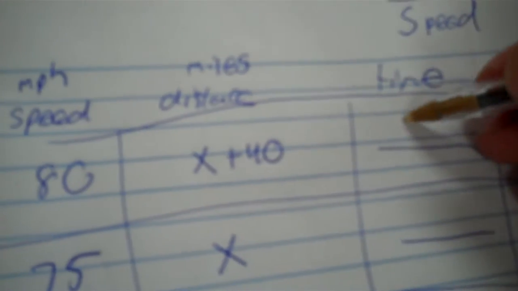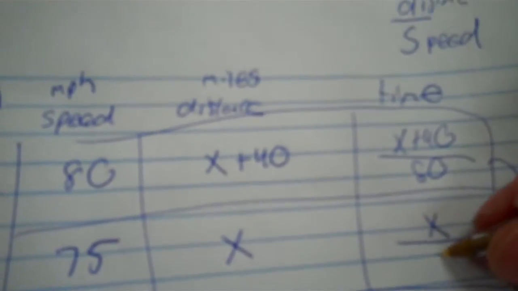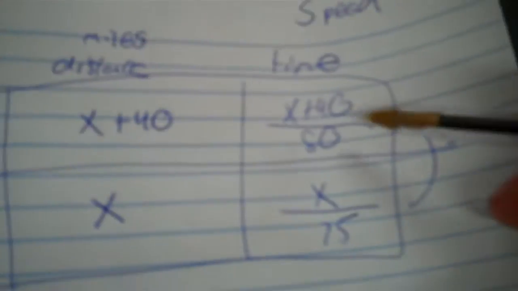Well, it's x plus 40. What's the speed here? It's 80. What's the distance here? x. What's the speed? 75. Now, set them equal to each other and you have made a proportion out of it. x plus 40 over 80 equals x over 75.